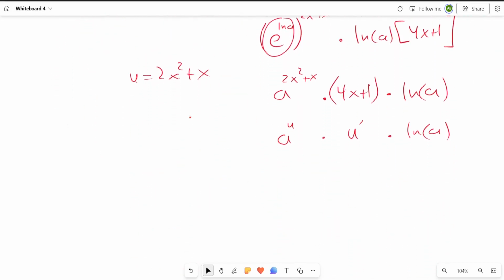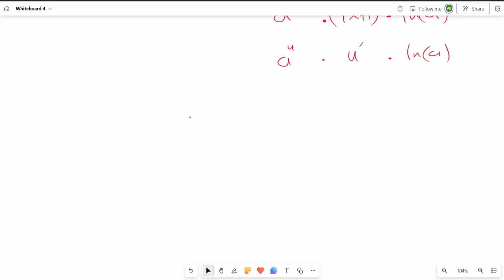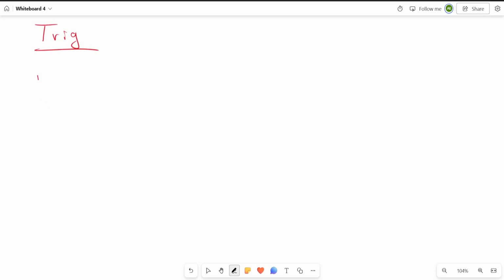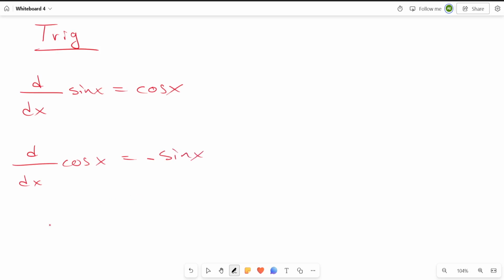Okay, let's continue from here. Going over to the trigonometric functions, I know that the differentiation of sine of x is cosine of x, and the differentiation of cosine of x is negative sine of x.